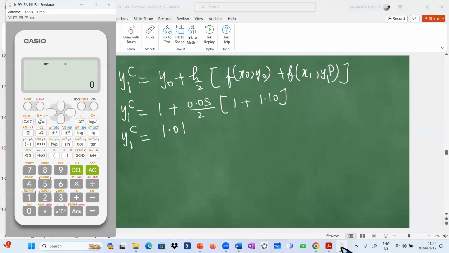Now we're going to have 1 plus, and then we have the fraction here. You can use this one, it doesn't matter. You have 0.05, you divide by 2, hoping that this will interpret it well.